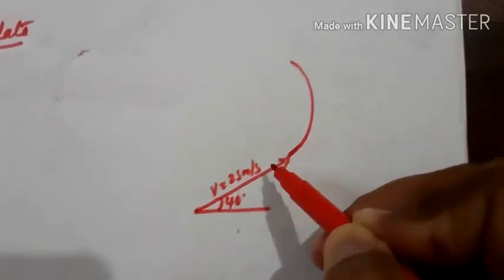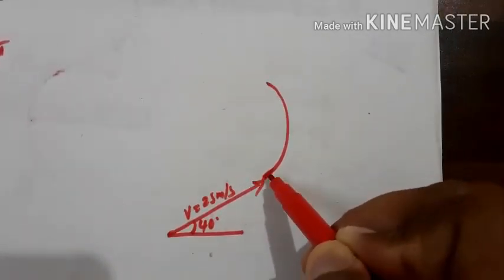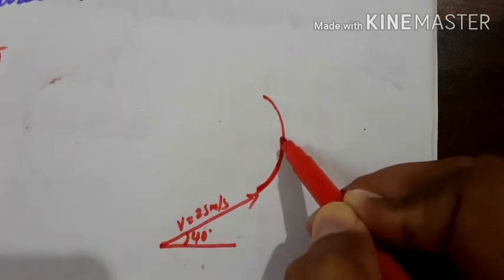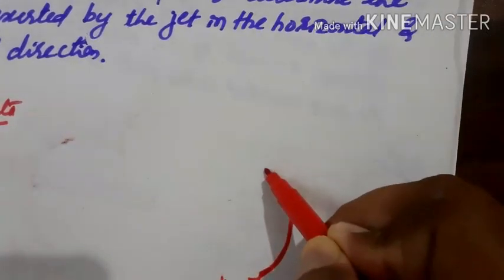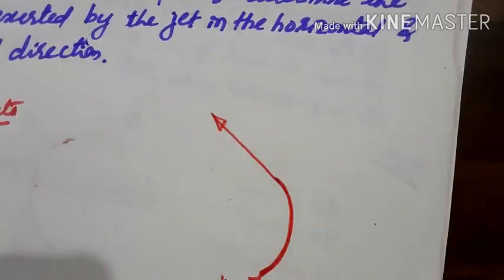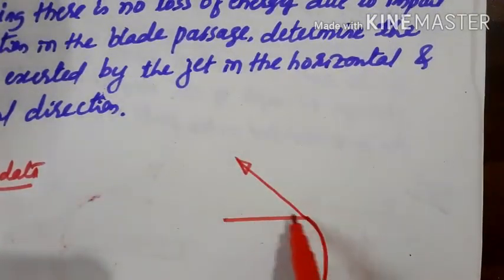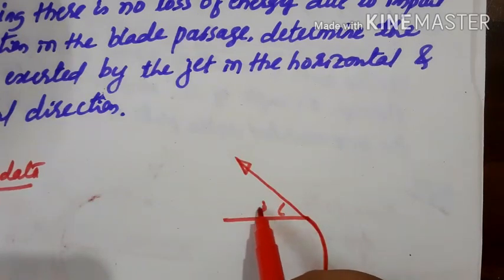They have also mentioned there is no friction loss, so water will glide over the surface and leave the vane. It leaves the vane by making an angle of 30 degree. It is given here.